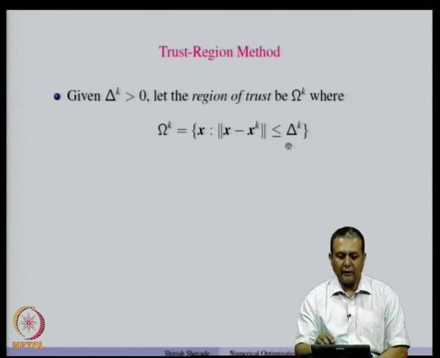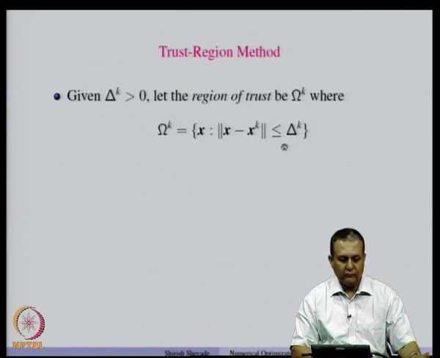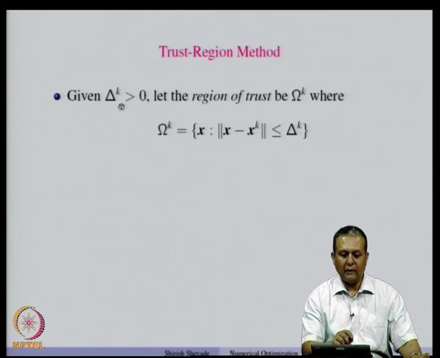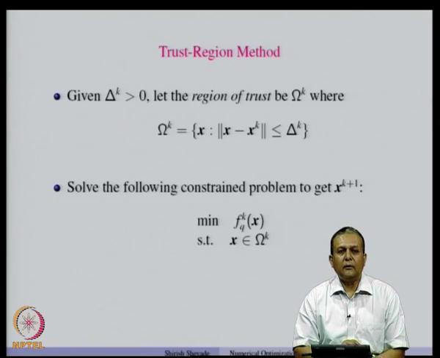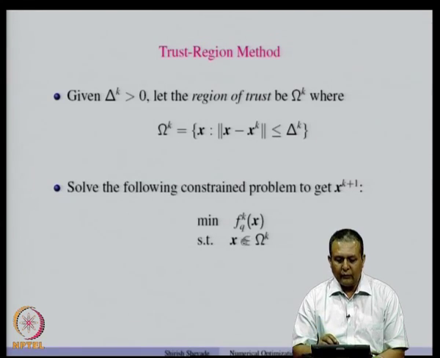So, omega k is the region of trust that we have defined based on the value of delta k. Now, instead of directly minimizing the quadratic approximation of the function, which is f q x, what we do is minimize the quadratic approximation subject to the constraint that x belongs to omega k.